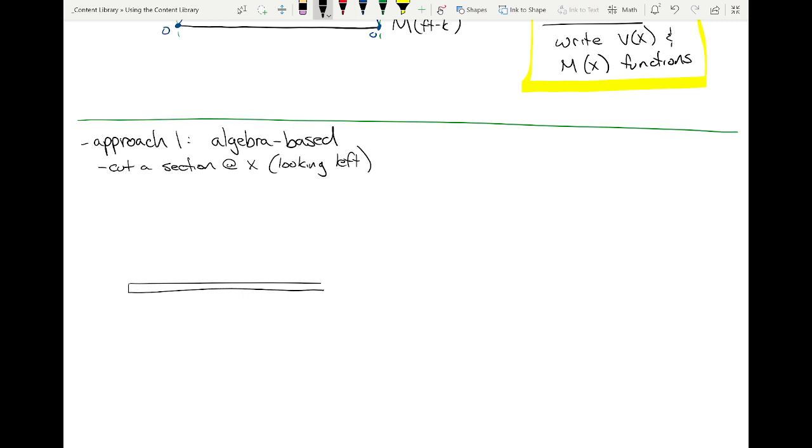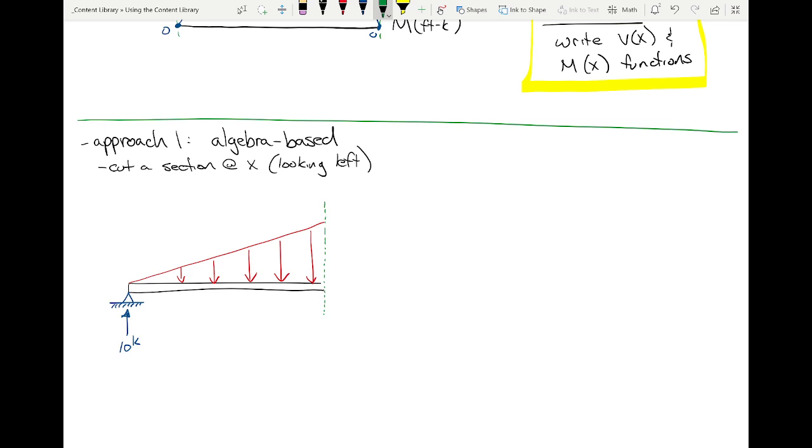Here's my beam. Here's my support. I believe we got a reaction here of 10 kips. I believe we have a linearly increasing load. And then here's where we samurai sworded and lightsabered through the beam.